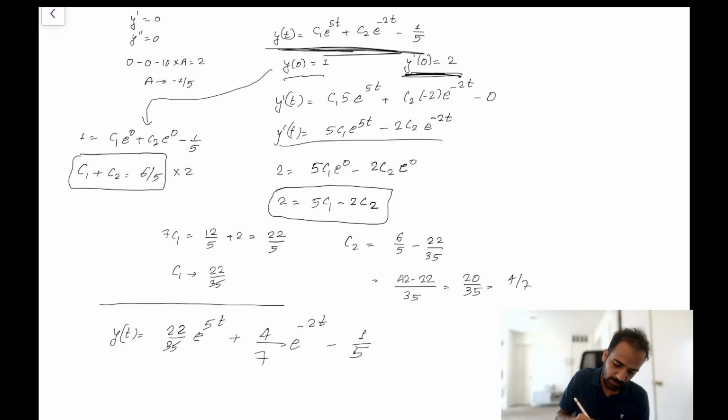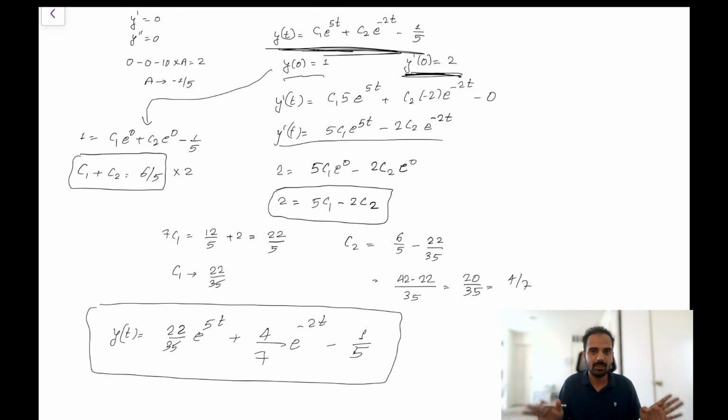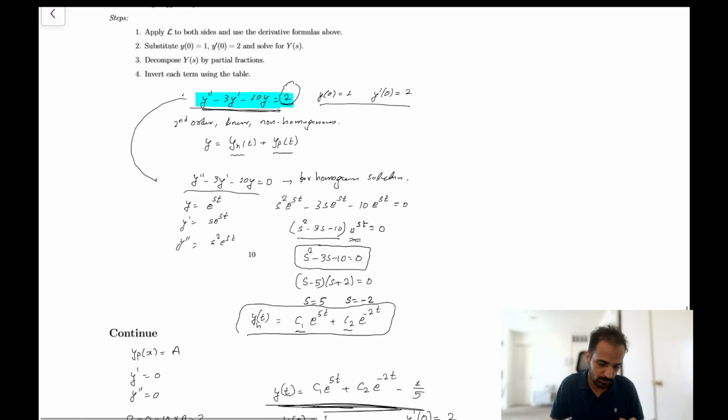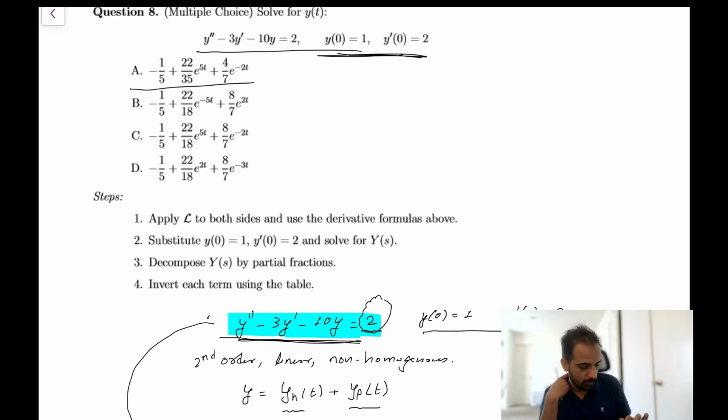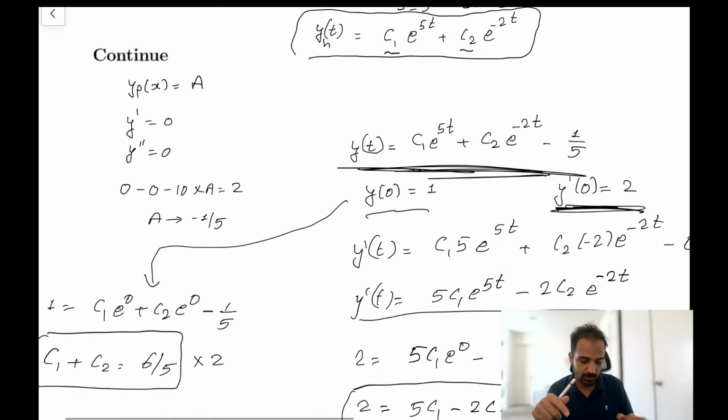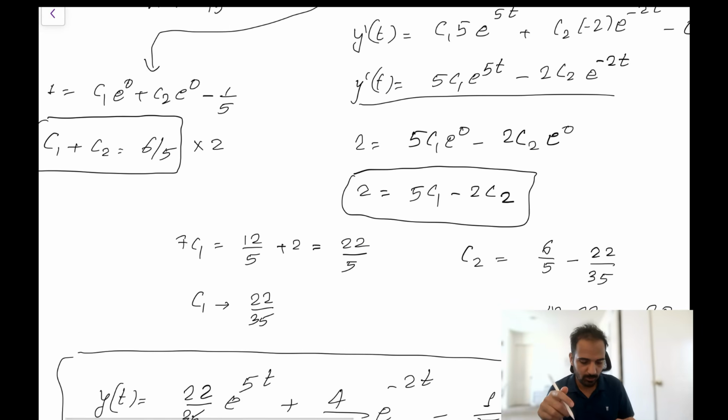And this is how I solved my ODEs without using the Laplace transform. So this is my solution. Let me check here. I think this resembles option 1, right? 1 over 5 plus 22 over 35 e power 5t plus 4 by 7 e power minus 2t. Okay, this is the method of solving ODEs.